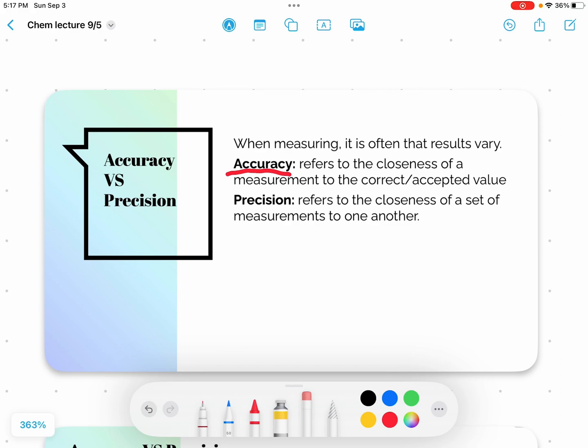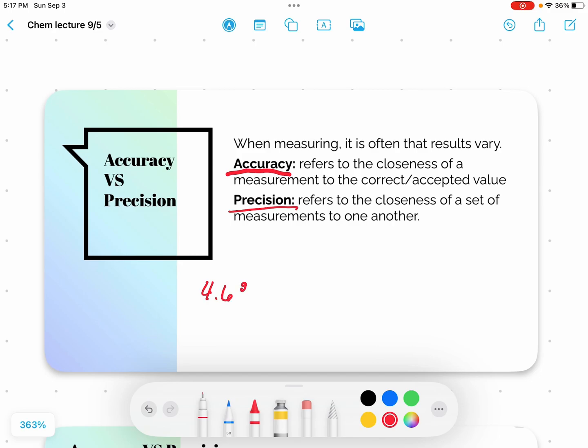We could say instead, maybe it would be more precise. So it's more of a precision or precise measurement. That refers to the closeness of a set of measurements to one another. So that means if I had, let's say, 4 measurements, and let's go back to our 4.6 example.